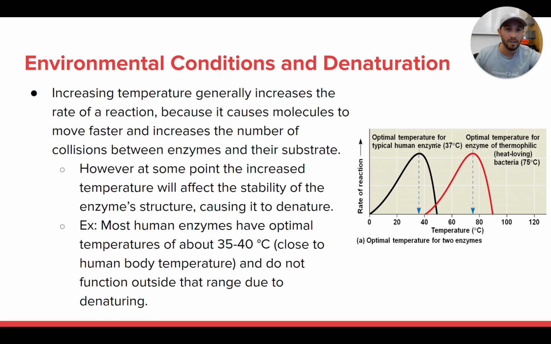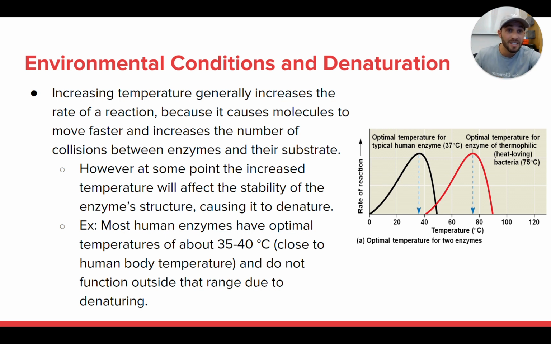And so for most of your enzymes in your body, that's where they function most efficiently. That's where the protein, the enzyme, is folding correctly. Now, if it's too cold or too hot, if you move beyond that temperature, you're going to see a decline in the rate of the reaction. The reaction is going to go a lot slower when it's colder than that or warmer than that, and that's because of the enzyme structure, again, getting messed up.